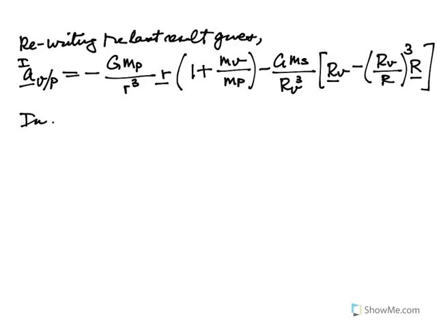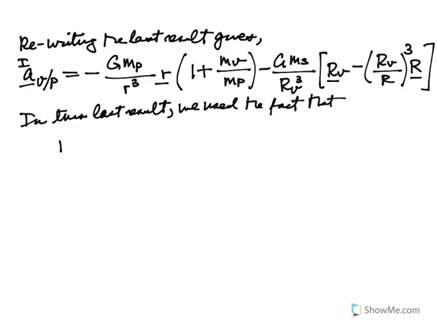So in this last result, we use the fact that m_p plus m_v is equal to m_p times 1 plus m_v over m_p. That was the first thing we used.